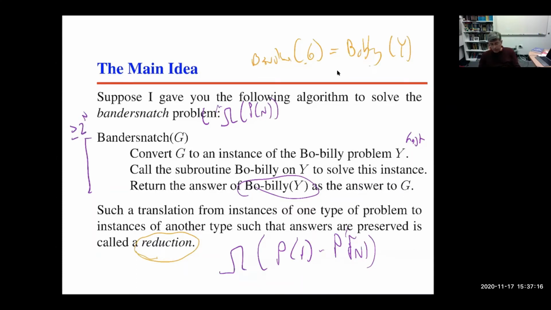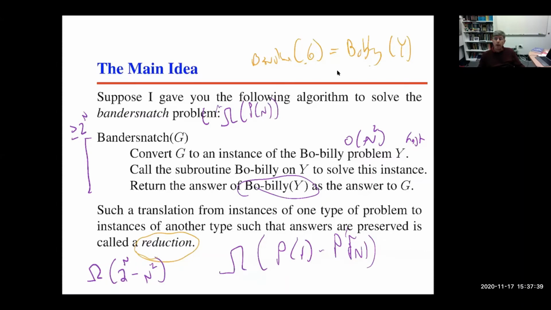If my translation took order n time, let's make it n squared time just to be fast, what does that guarantee? That means that there is no possible way to solve mobility faster than 2 to the n minus n squared. Okay?